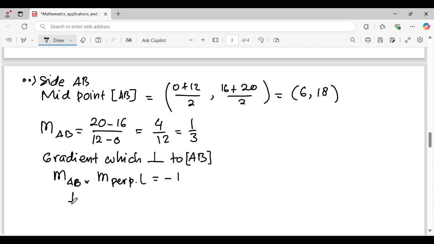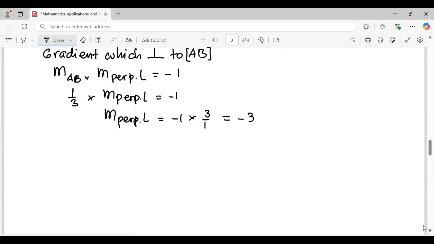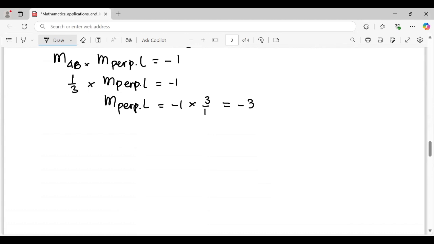This is 1/3 and the perpendicular line is 1. So the gradient of the perpendicular line equals minus 1 multiplied by 3. It is minus 3.